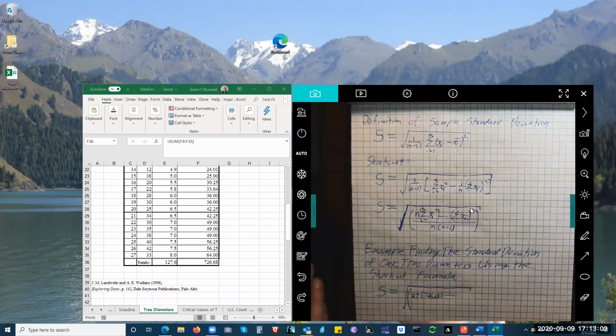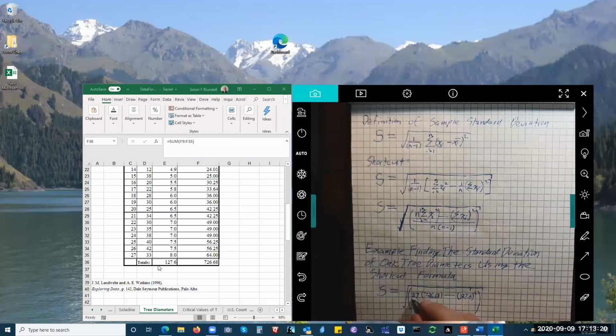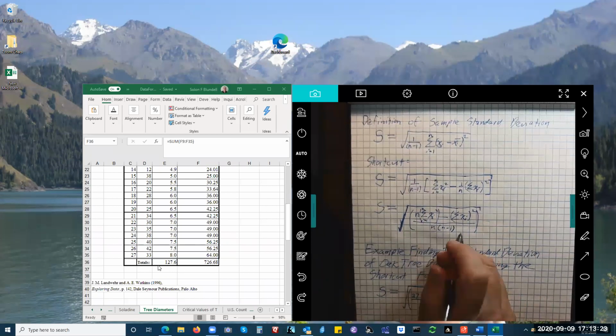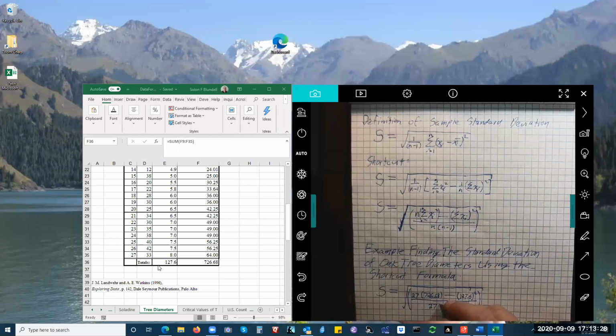And then we have the sum of the x's in parentheses squared. The sum of the x's from the data over here is 127.6. We divide by n times n minus 1. N is the sample size. There were 27 oak trees. So that's all there is to it.